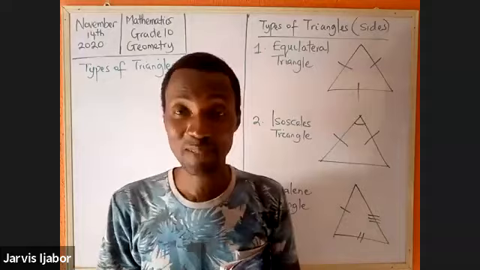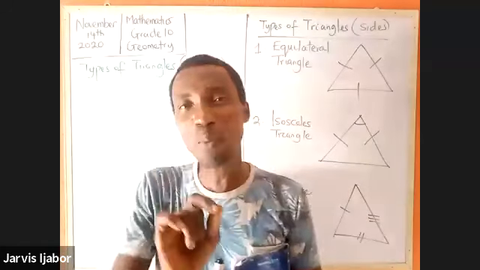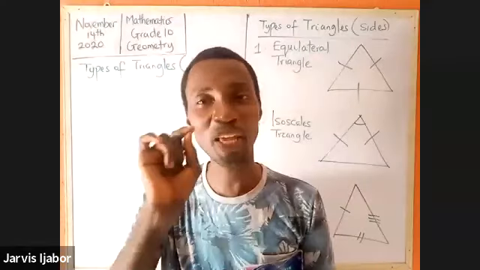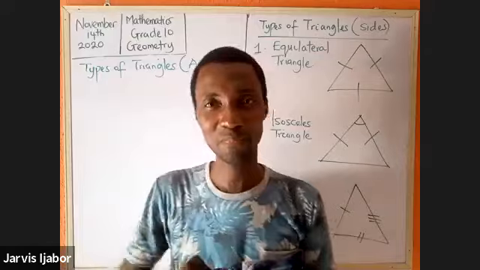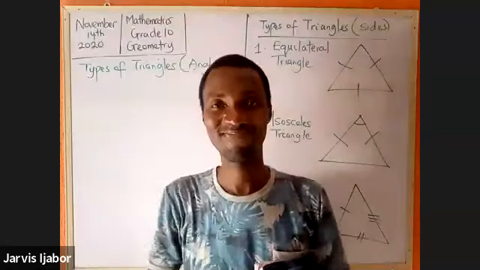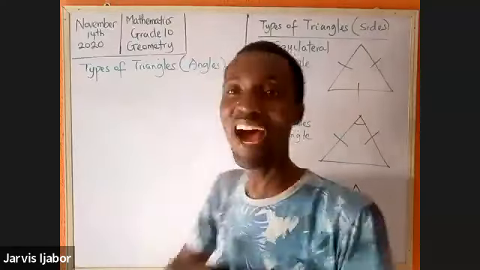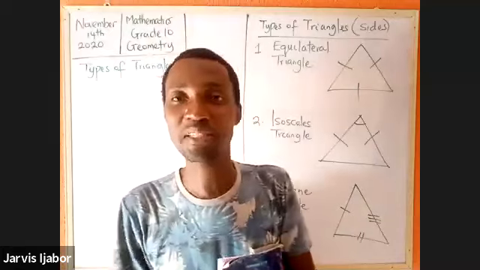Now, we've done that. 6 types of angles. Remember, I've told you that the sum of the angles of a triangle is 180 degrees. So by some way of thinking, we already know the types of triangles by virtue of the angles. I can't call a triangle angle at a point.